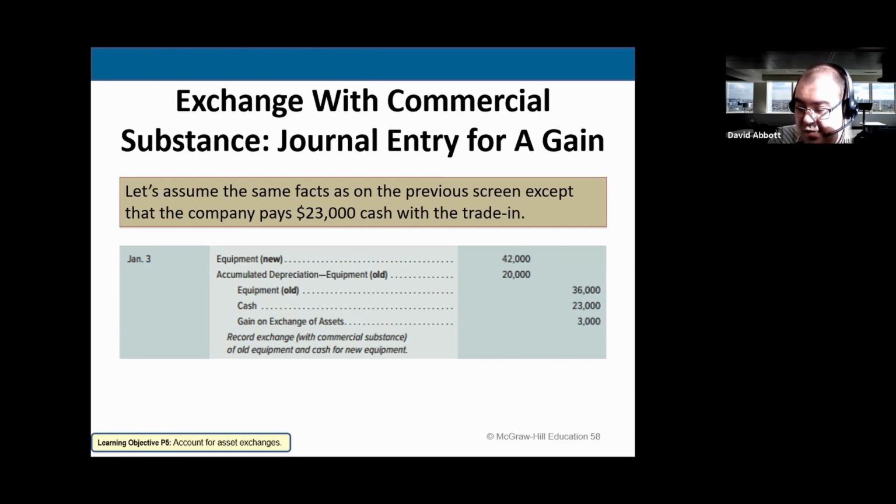The gain is computed as asset received minus asset given, which equals $42,000 minus $39,000 equals $3,000. We can also compute the gain as trade-in allowance minus the book value of the asset given, so $19,000 minus $16,000 equals $3,000. The entry to record the asset exchange is shown on this slide.